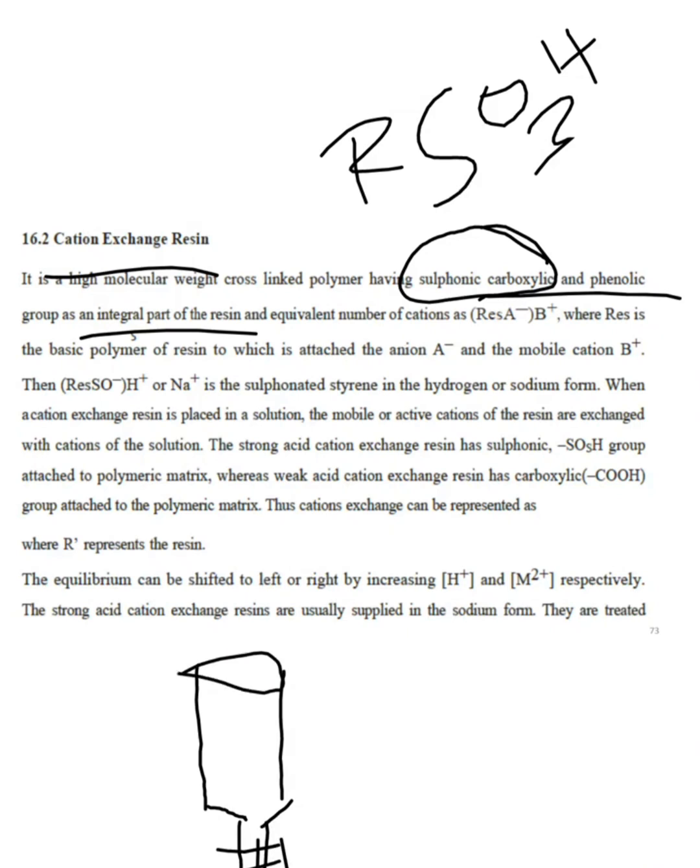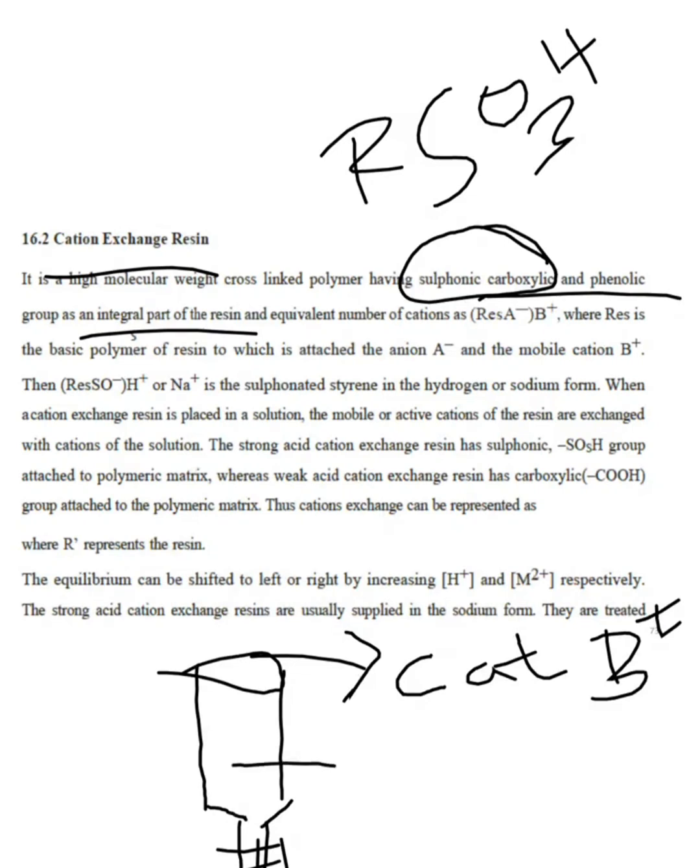Here in the mobile phase, we are adding cations, which is denoted by B plus, and in the stationary phase, that is resin, which is having anions, which can be denoted by A minus.